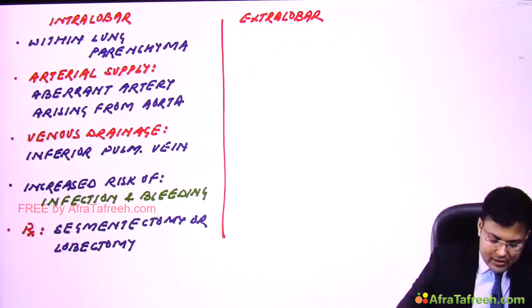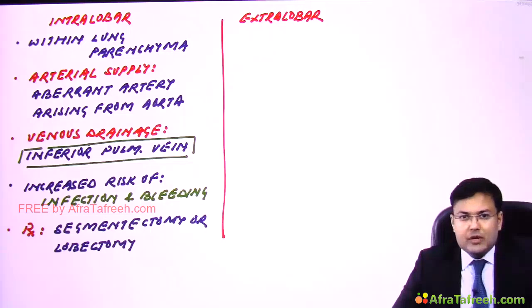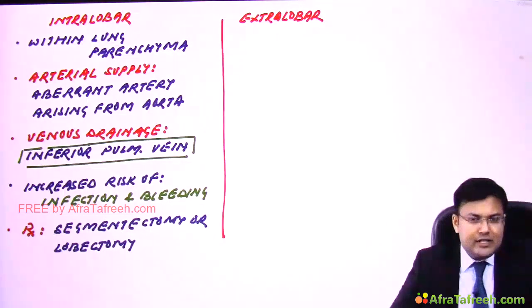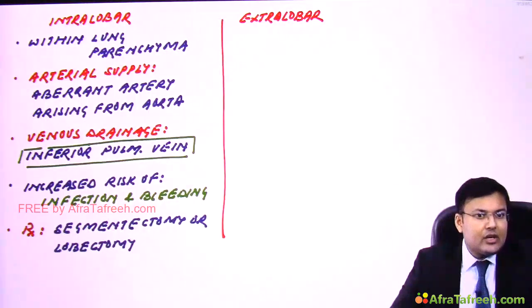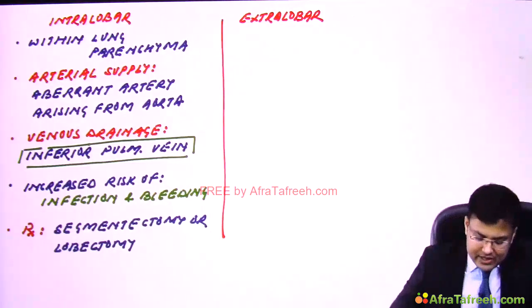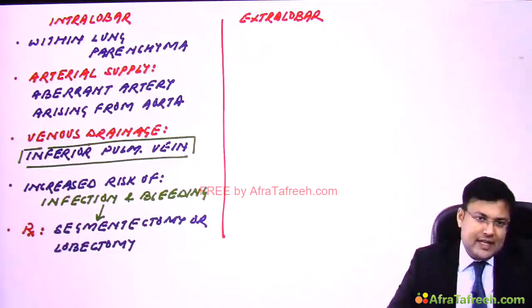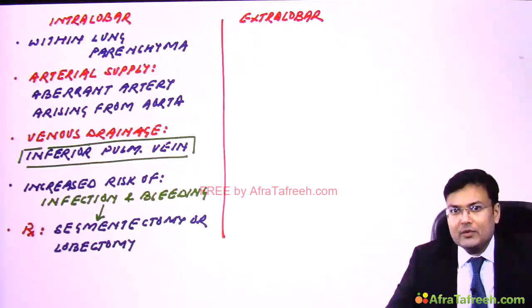The venous drainage, you have to remember, goes to inferior pulmonary vein. Now, what is the problem with intralobar pulmonary sequestration? That there is increased risk of infection and bleeding. Since there is increased risk of infection and bleeding, in all cases we have to go for surgical excision. So either we go for segmentectomy or we go for lobectomy.